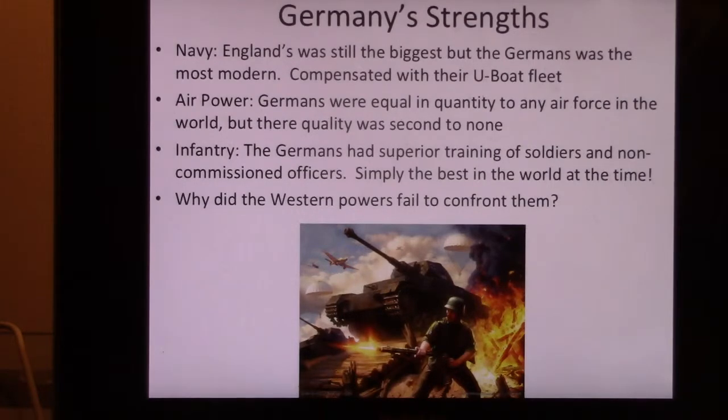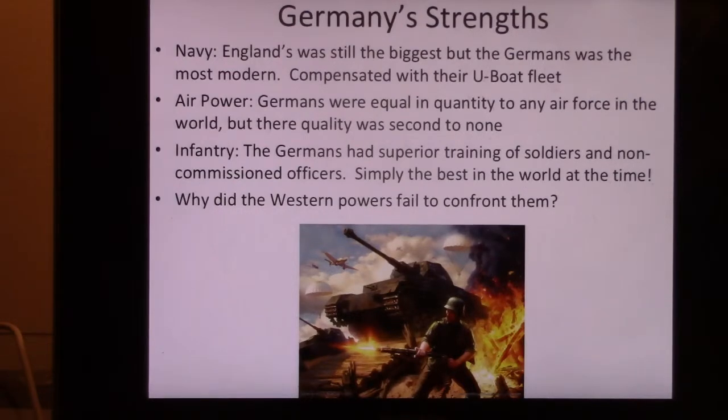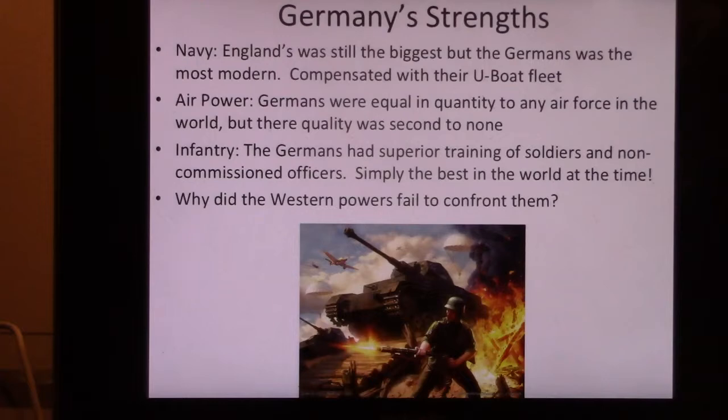So the Germans might not have been numerically superior, but they were bigger, stronger, and faster. And they also made up for that with their U-boat fleet, the submarine, their undersea boats that could destroy ships from under the water. At the beginning of the war, German air power was equal in quantity. They had the same number, but their quality was the best in the world.